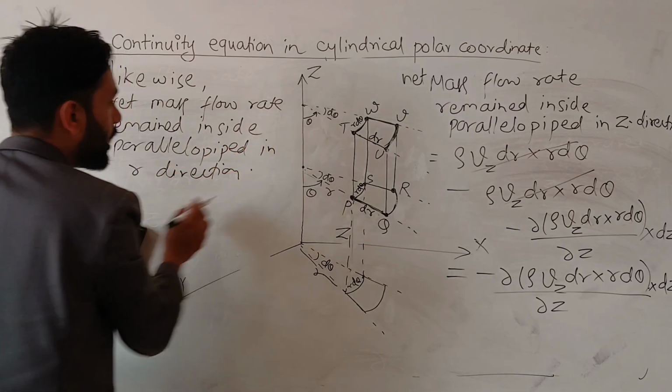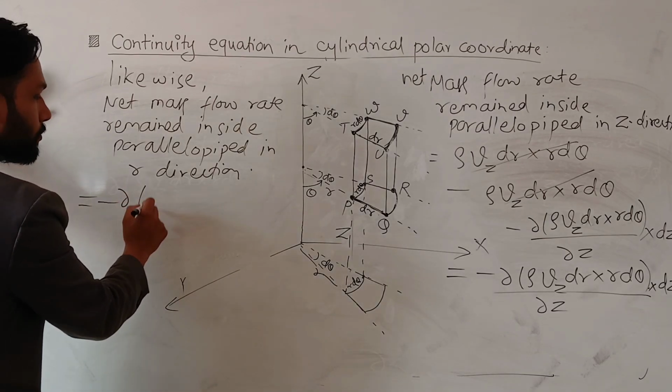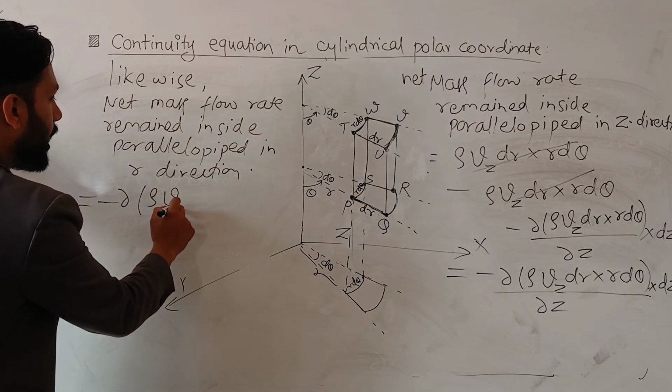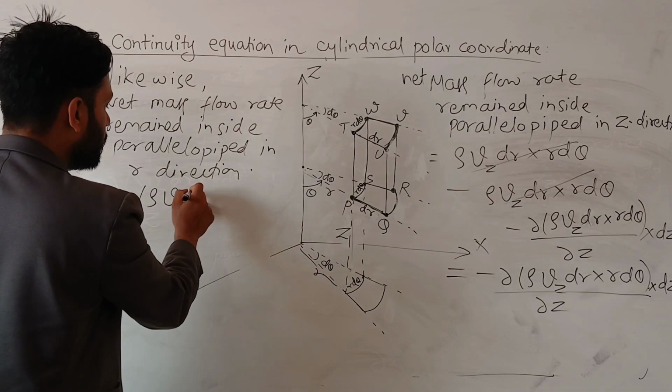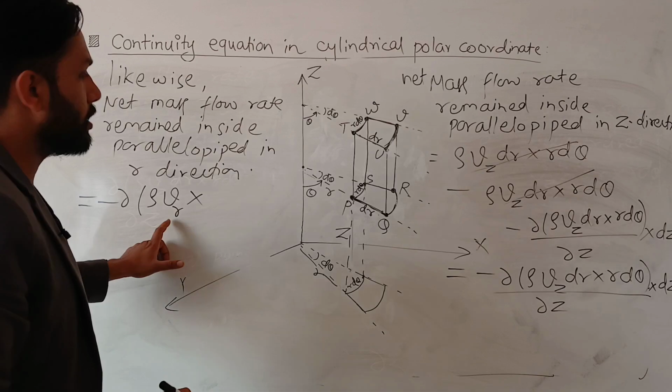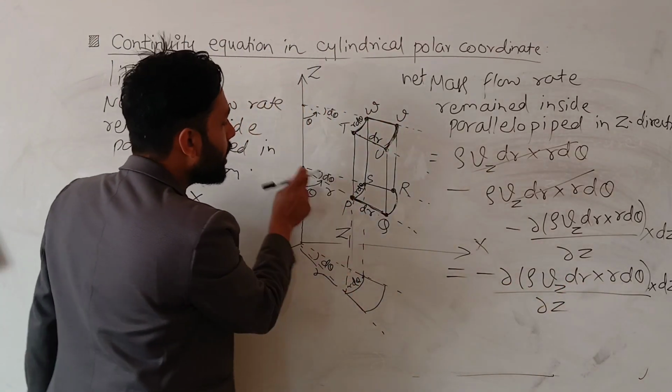So in r direction you can write directly here, like minus del rho br into, because in this radial direction, you have to write rho br into what is the area in this radial direction, okay?